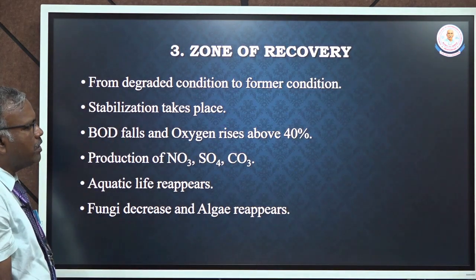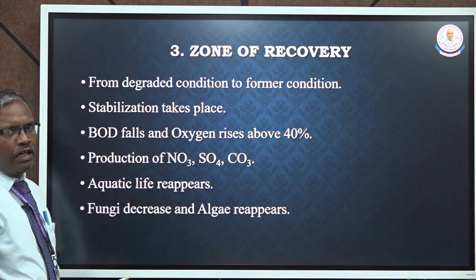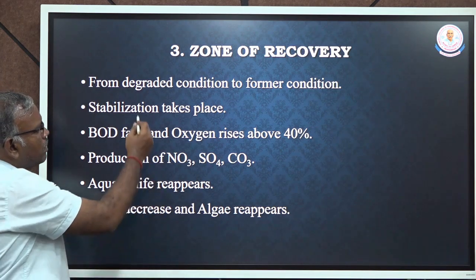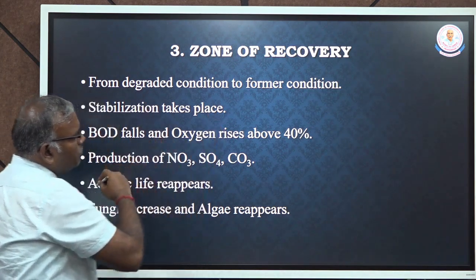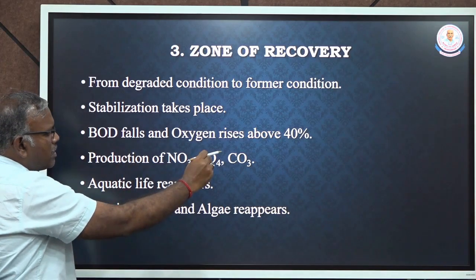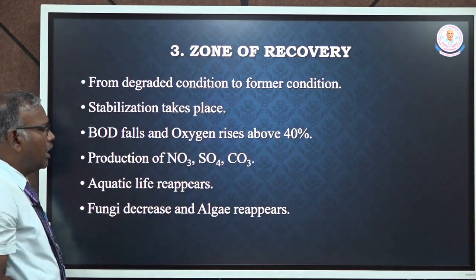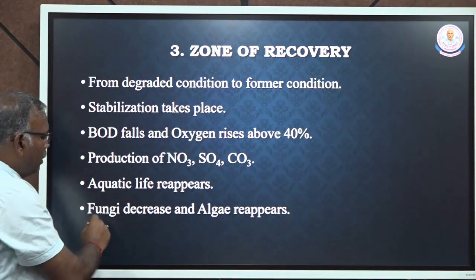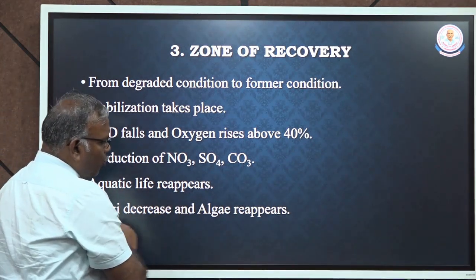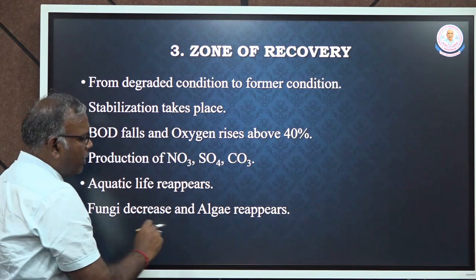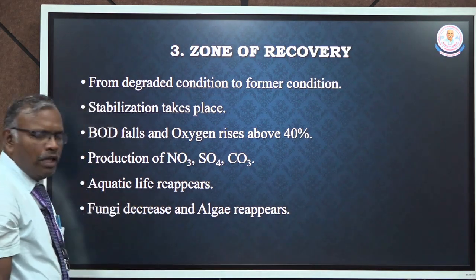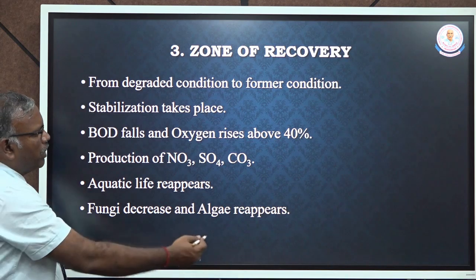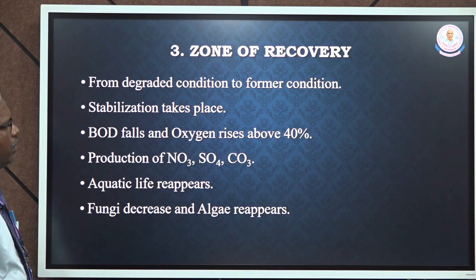Once the degradation is completed, the oxygen level will keep on increasing by the re-oxygenation process, where the oxygen level rises above 40% and the aquatic life reappears, and the amount of fungi will be decreasing and the algae will keep on reappearing after this particular zone, that is a recovery.